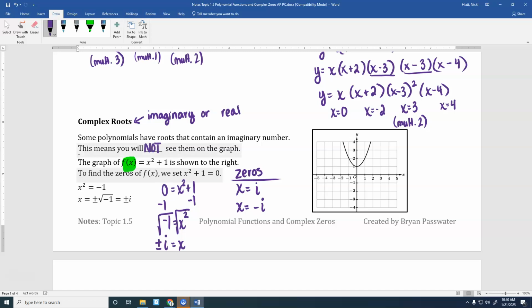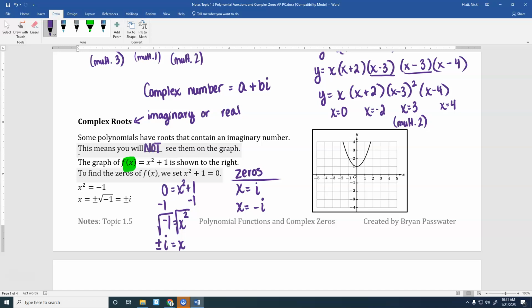Because like we were looking at on that ACT problem, a complex number is going to be a plus b times i. So a complex number, in this case, b could be 0, right? So you could have like 3 plus 0i.